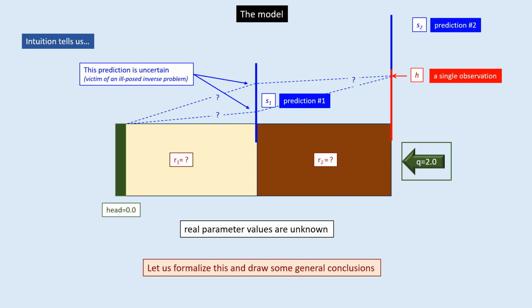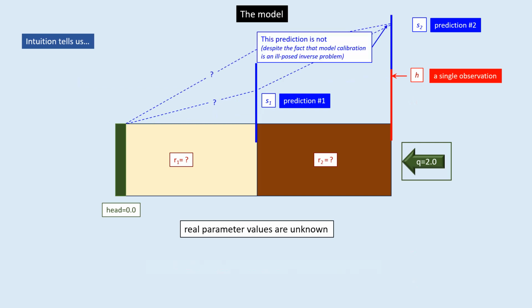We know their prior values, we know their covariance matrix, but we don't know the actual values for resistance number 1 and resistance number 2. Therefore, this prediction is going to be uncertain, and that's going to be an outcome of the ill-posed nature of the inverse problem that we are solving when we history match this model to this single head observation.